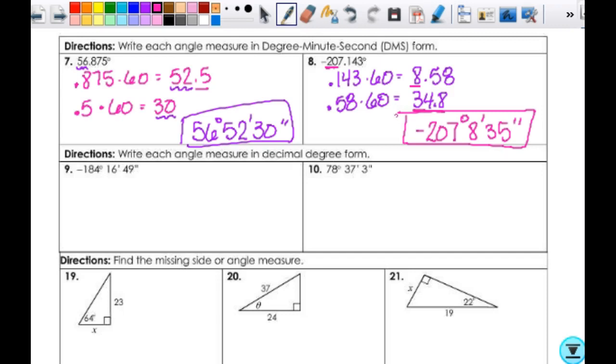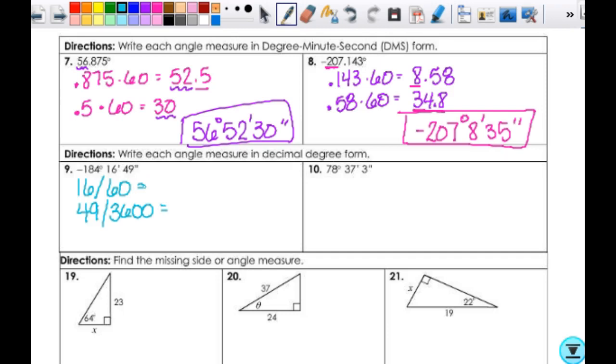To go the opposite way, which is more like what you would most likely need to do to be able to use it in a word problem or something, we're going to divide. So we take this 16 minutes and we divide that by 60. And then we're going to have to take that 49 seconds and basically divide it by 60 twice, which is dividing it by 3600.